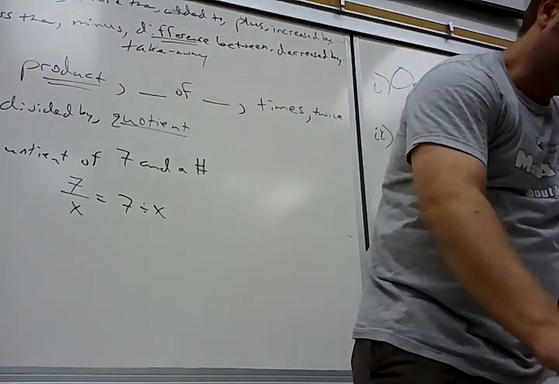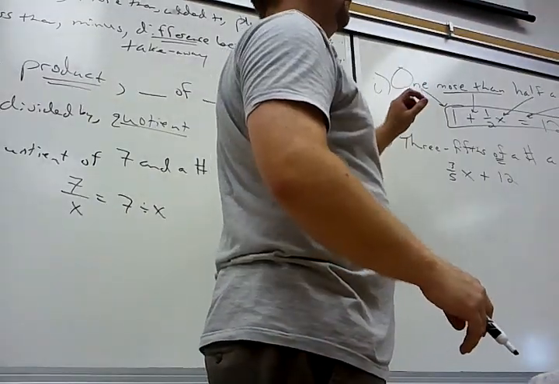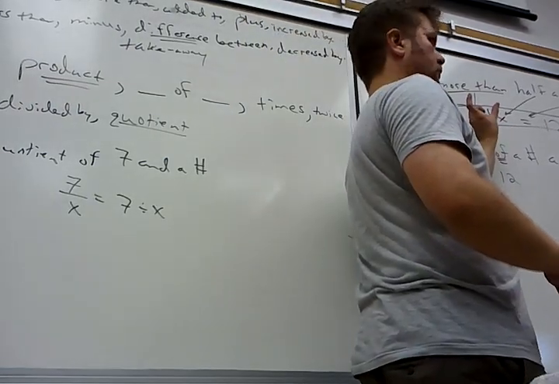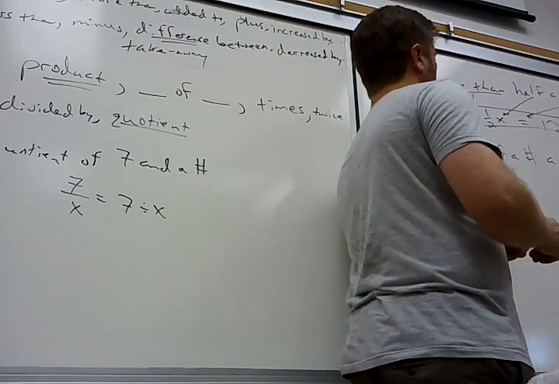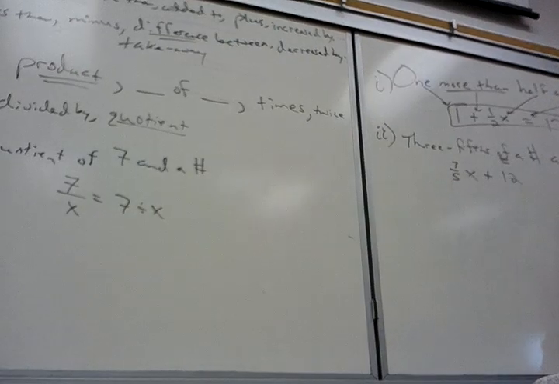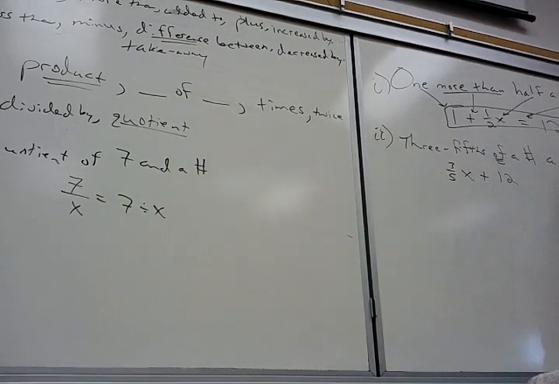I have a question. In the first problem, does it matter if 1x is on the other side of the 1? 1x plus 1? Oh, you could put 1/2 x plus 1. Yeah, definitely. In fact, in general, if I said one more than a number, I always do it like this, because then one less than a number, I'll be less likely to forget that it actually has to be this.